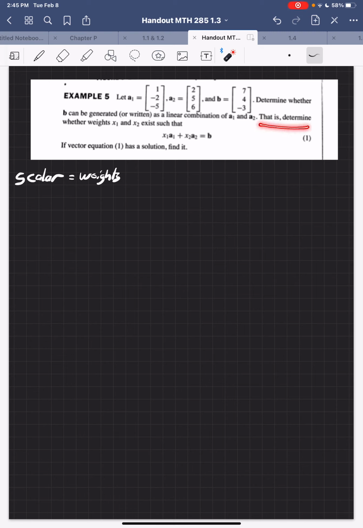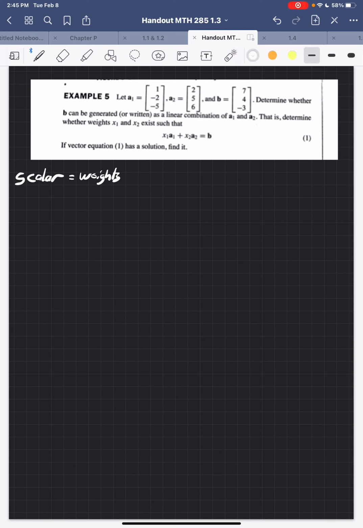They want to determine whether, given some weights x sub 1 and x sub 2, it is possible for you to reach vector b. So do these weights exist such that this equation has a solution? And if it does have a solution, find it. In other words, find what x sub 1 and x sub 2 must be if they exist.